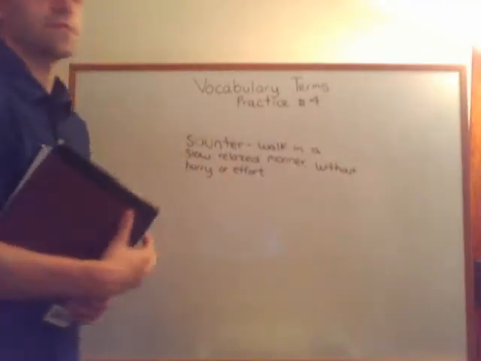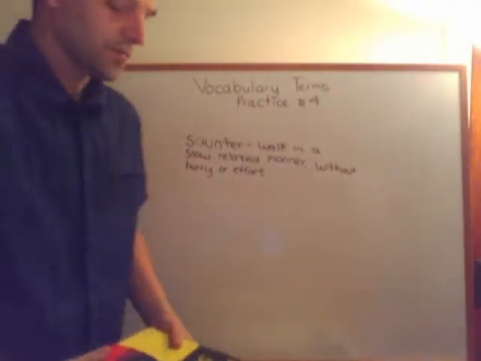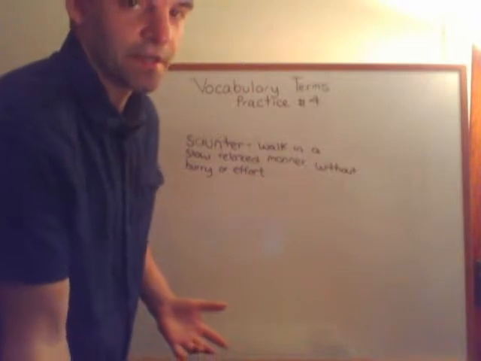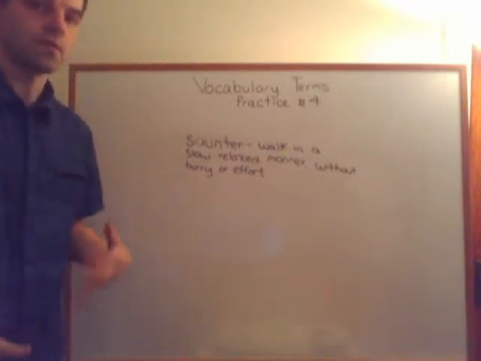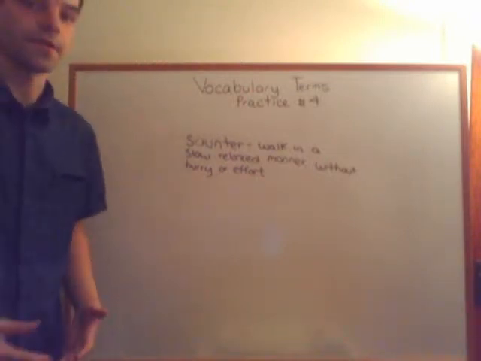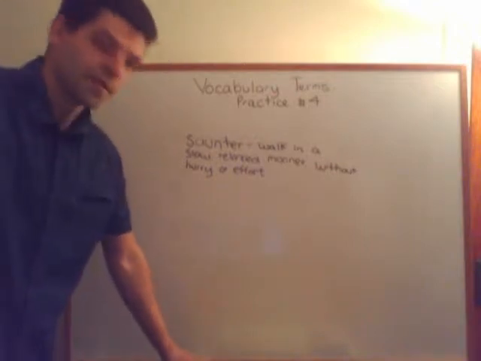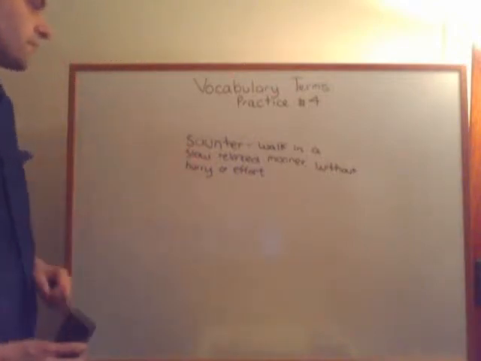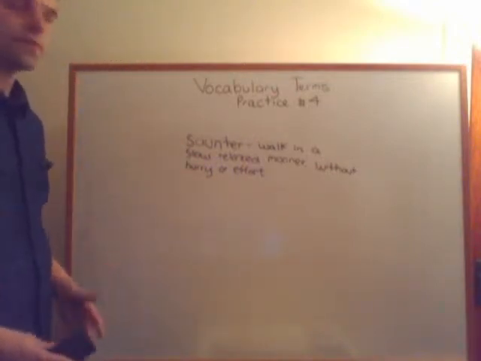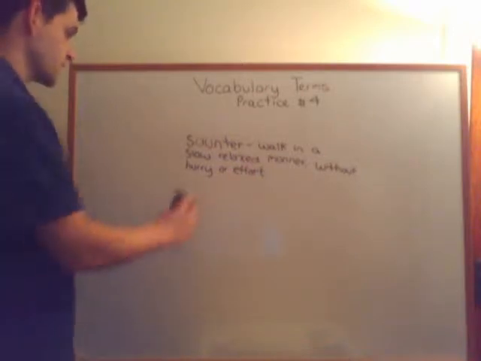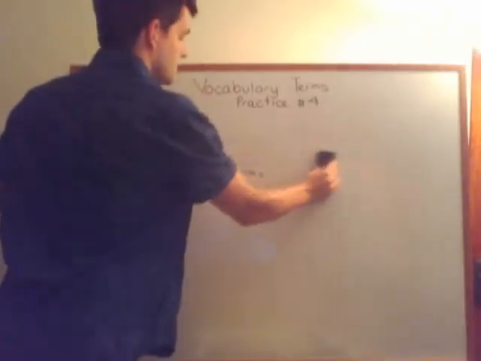That's to differentiate between sauntering and being in a hurry or anxiously trying to get somewhere. Okay, but that's our first word. Saunter is to walk in a slow, relaxed manner without hurry or effort. Okay, let's look at our next word.